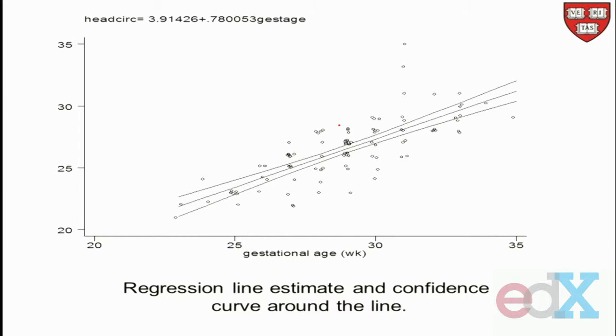Now, we can also put a confidence curve around the line. The line gives us the mean, and what we can do is put up a confidence interval around the mean.